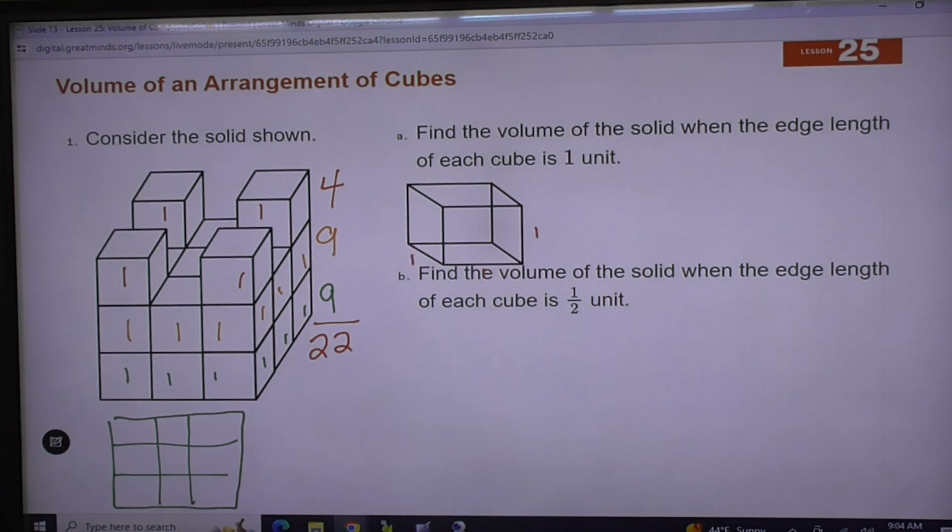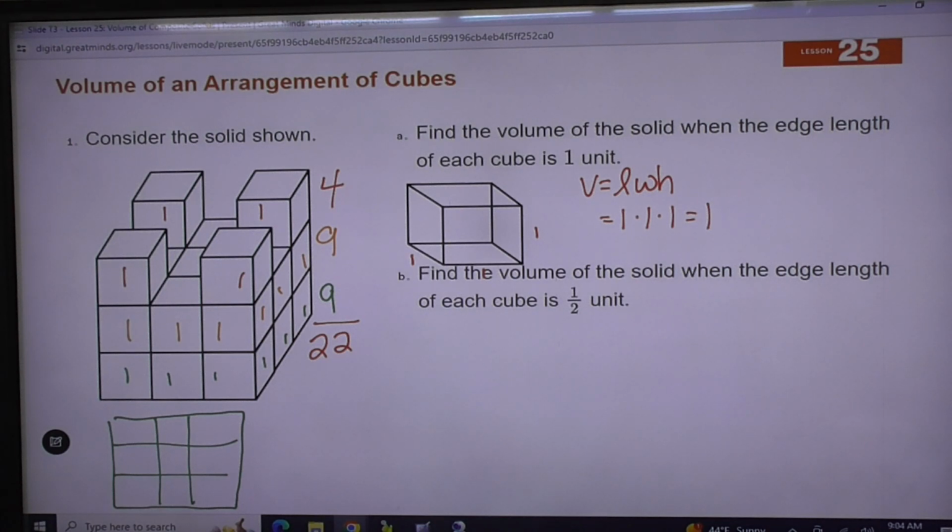Equal to 1. So we're going to go ahead and do volume. This is a rectangular prism, right? Yep. So I can do length times width times height. What's my length on this cube? 1. What's my height? 1. I mean my width, 1. Height, 1, right? So what is my volume? 1.